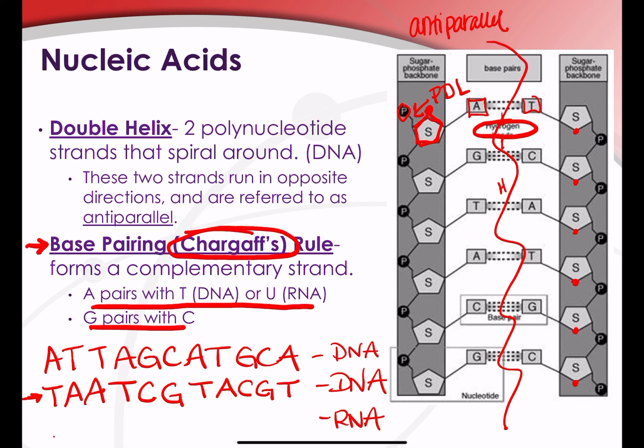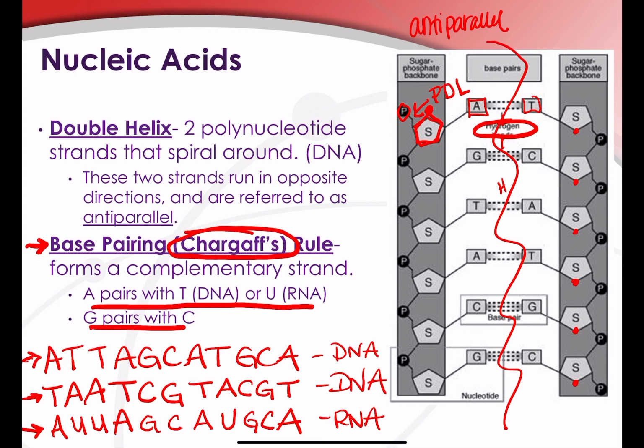T is going to pair with A. A is going to pair with U. U, A, G, C, A, U, G, C, A. So what you notice between this strand and this strand is that everything is the same except the T's are replaced with U's. Okay? So that's how the base pairing rule works.